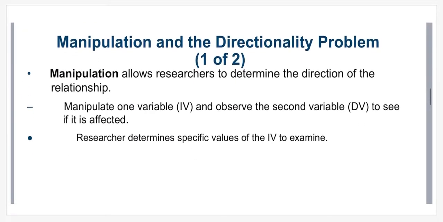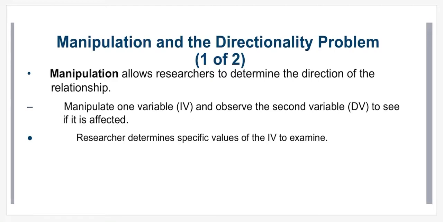And so part of where that leads us is that it allows us to determine the direction of the relationship. Remember, we talked about directionality. So we manipulate the independent variable, and then we observe and measure the second variable, the dependent variable, to see if it is affected by that independent variable, right?